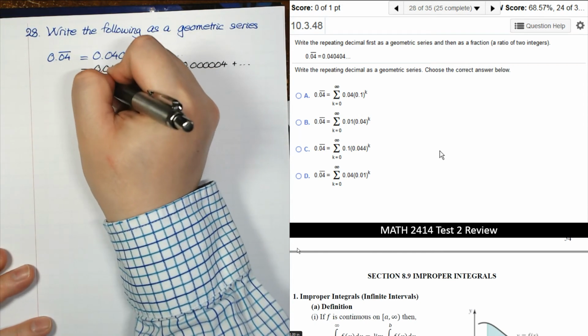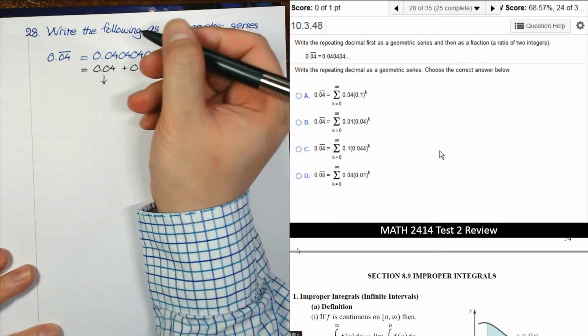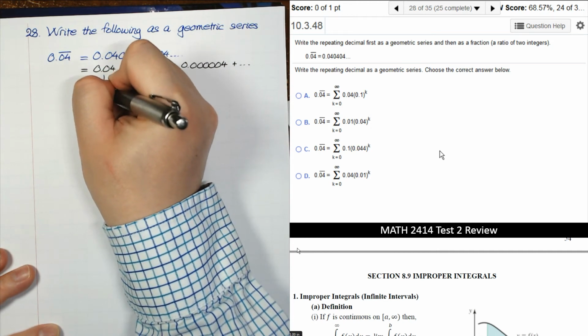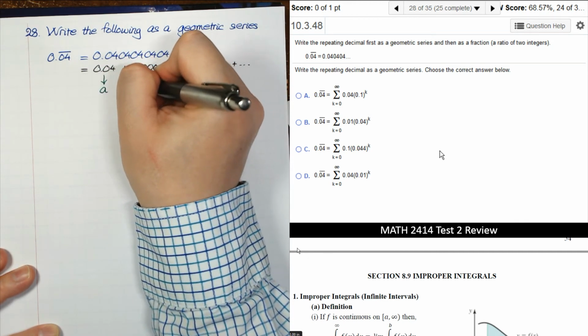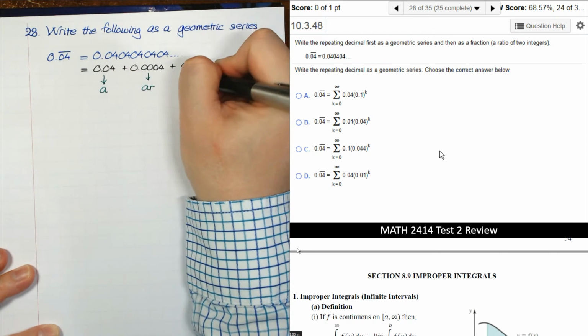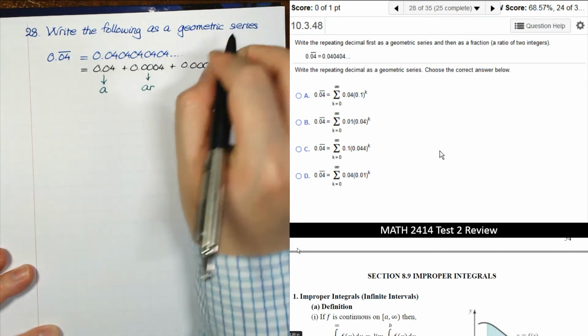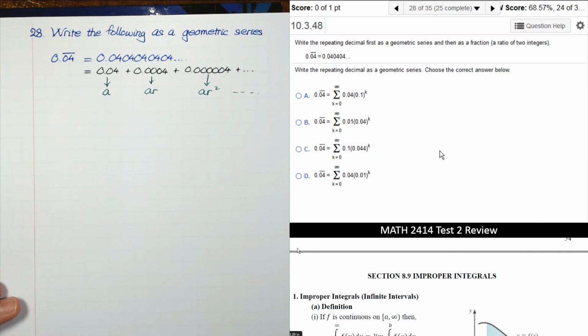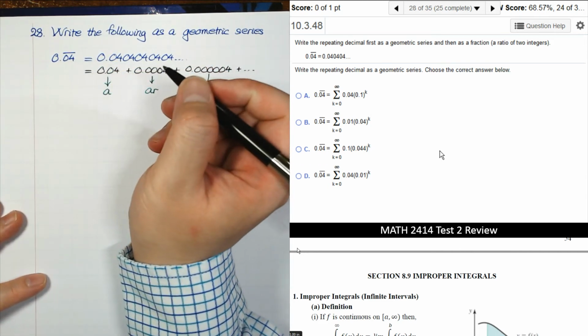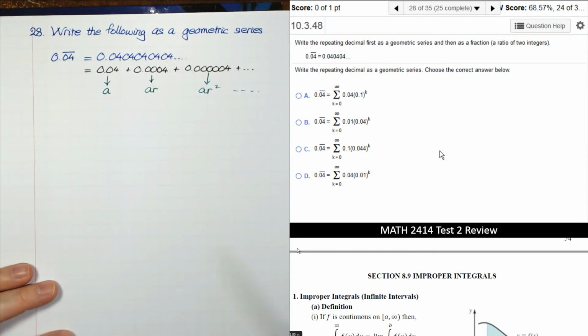So this is the first term in the geometric series. This is A. This is A times R. This is A times R squared, and so on. Our geometric series works like that. The first term is 0.04. And the ratio is easy.